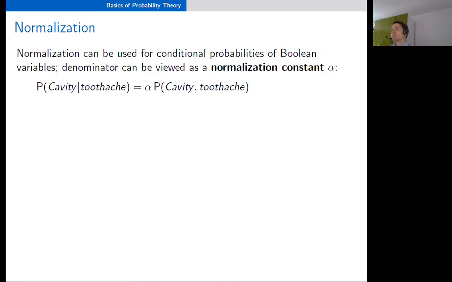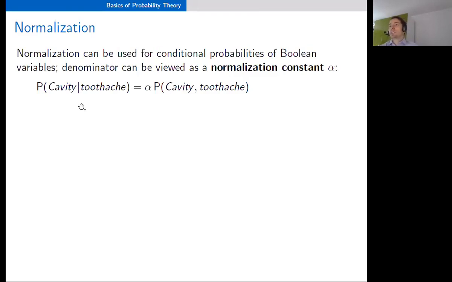The next thing which is nice is that if you work with Boolean variables, you can always use normalization, and this is another possibility to compute conditional probabilities. This is probably the last thing we're going to do today, and then I hand over to the exercise.